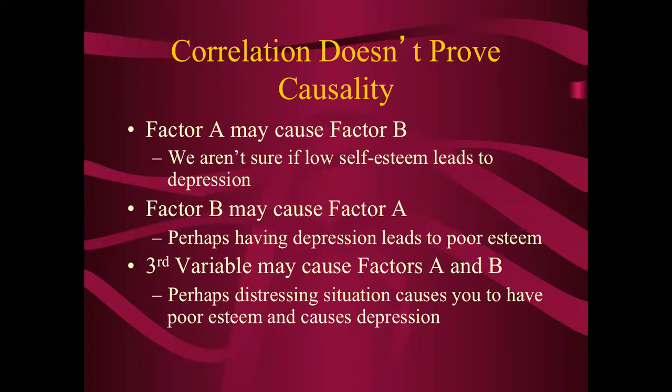Remember the third variable problem. There are a whole host of other factors explaining this relationship. I hope that example does justice to the third variable problem, and how we cannot say, just because there's a correlation, that there's a causal relationship.